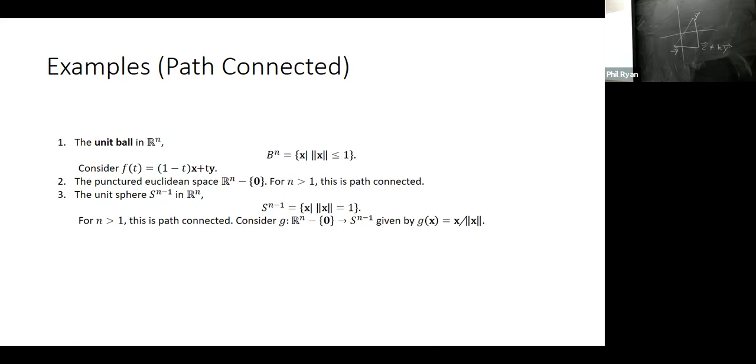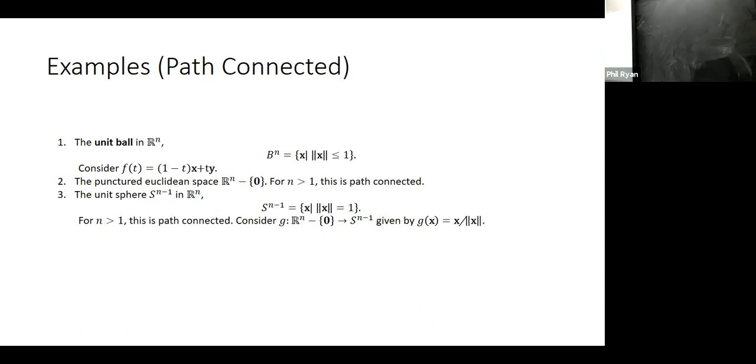And again, for n bigger than 1, this is path connected. When n equals 1, it's not path connected, because what does S0 look like? S0 is just the points 1 and minus 1. So that's not very nice.